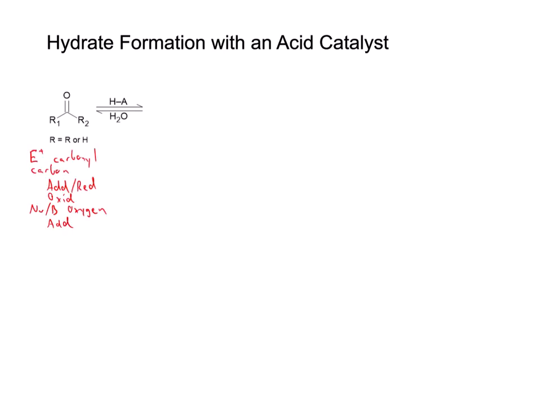When we look at what's on the reaction arrow, we have HA, so we know we have a strong acid, and we also have H2O, which is a weak nucleophile and a weak base. So because we have this strong acid, it looks like we're most likely going to do an acid-base reaction to initiate this addition. So now we can draw our mechanism.